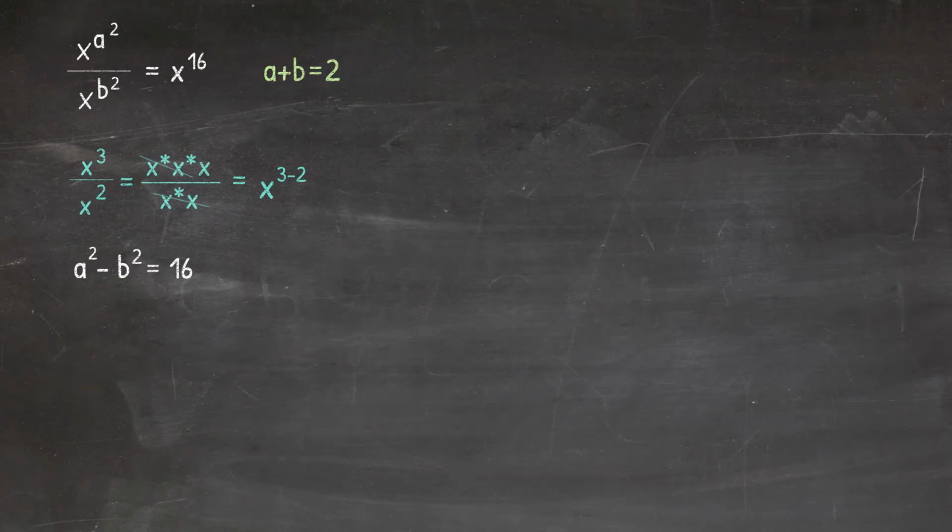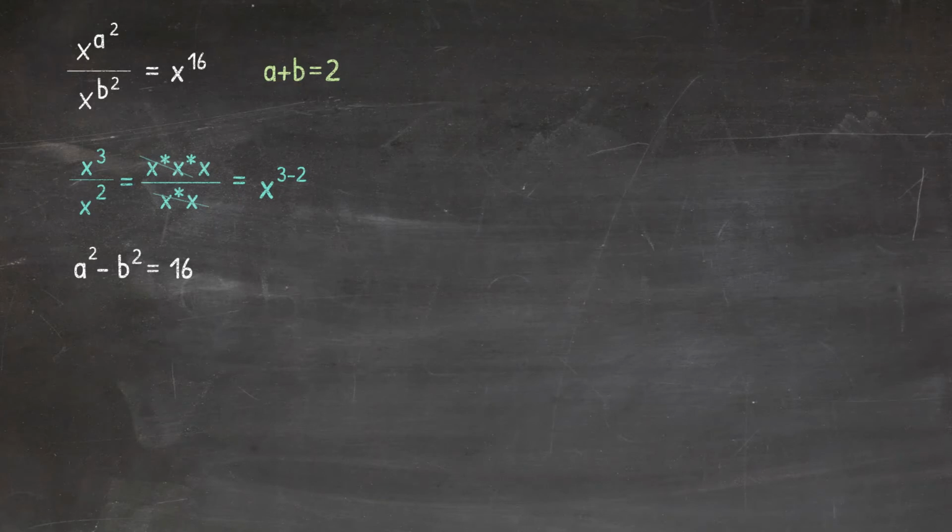Let's proceed. So if a squared minus b squared equals 16, then we might be able to recognize one of the 3 special cases. You can watch a video on this, but one of the 3 special cases of multiplying 2 binomials does result in exactly this, a squared minus b squared situation.